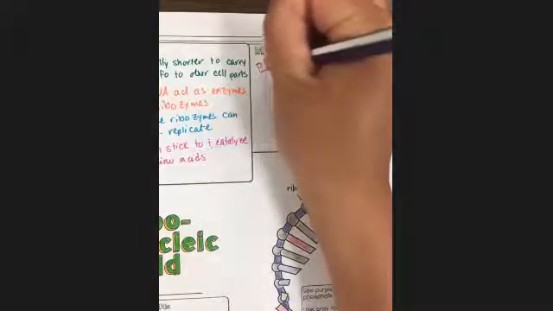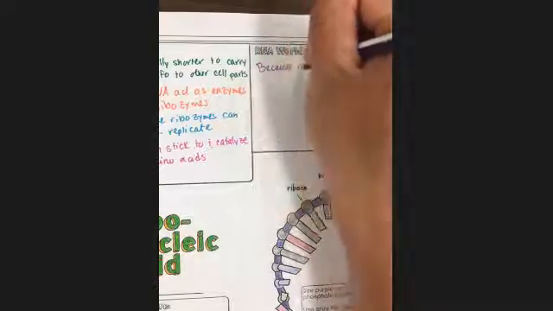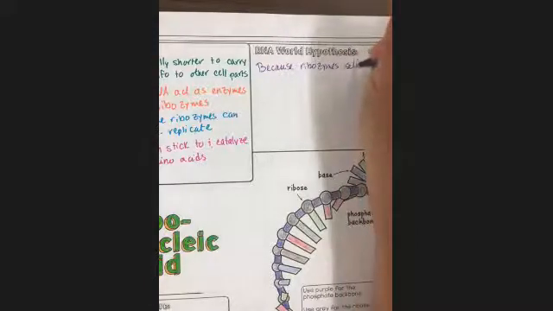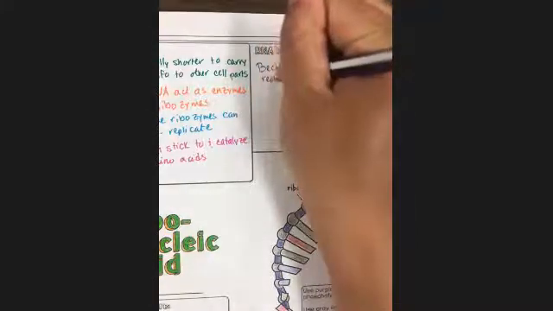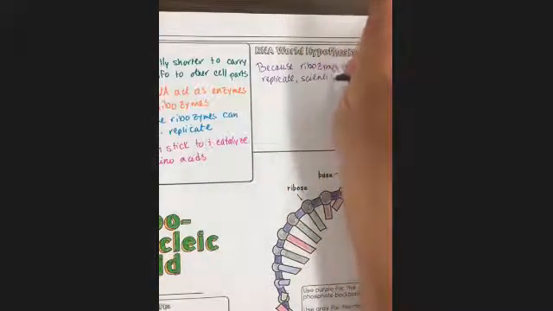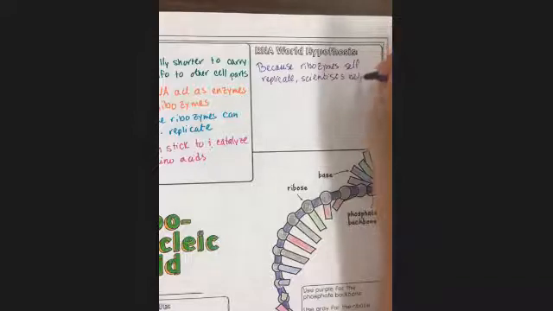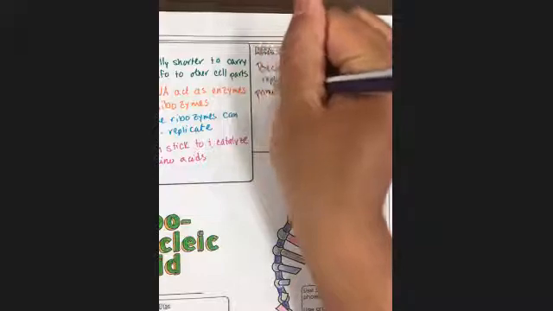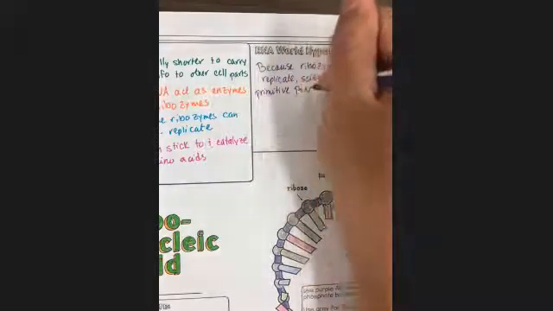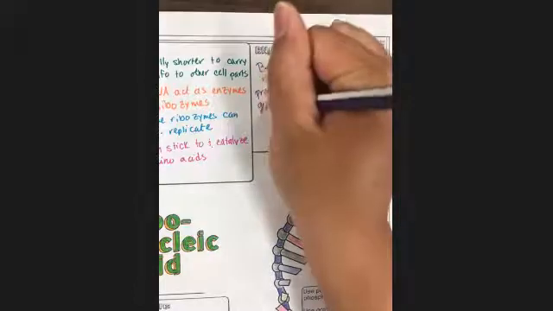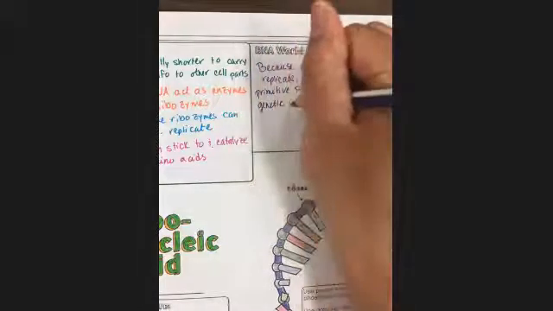So because ribozymes self-replicate, scientists believe primitive RNA was the first genetic molecule.